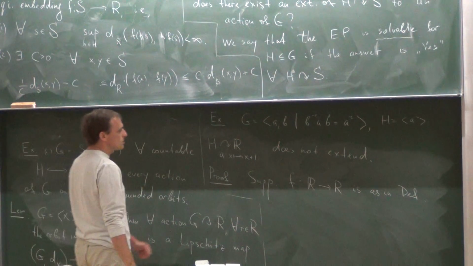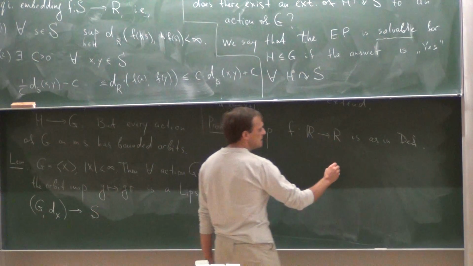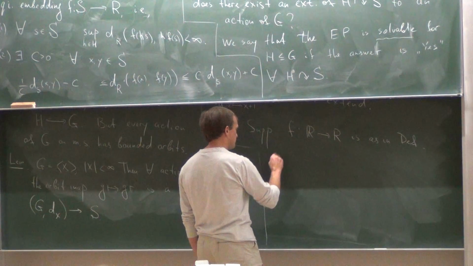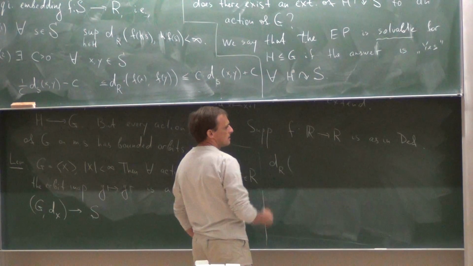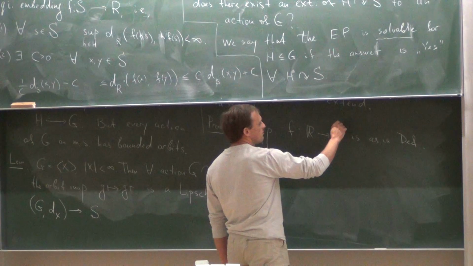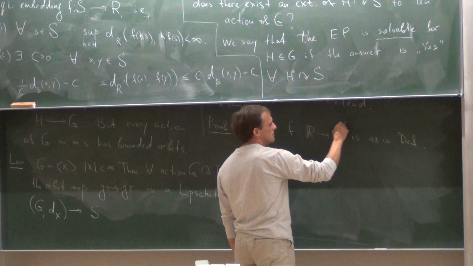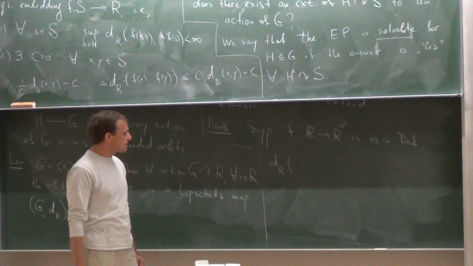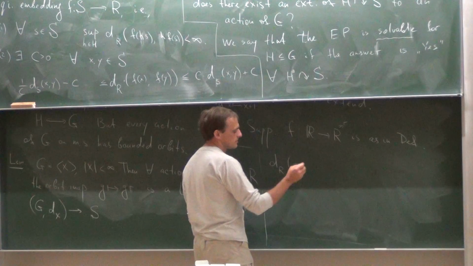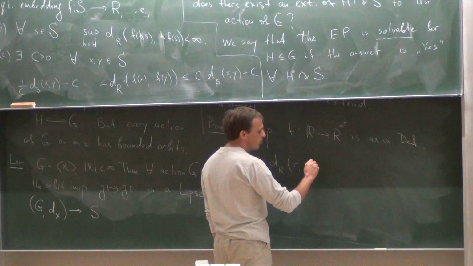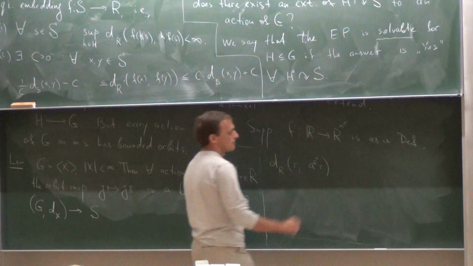Okay, so let's try to think about the distance in bold R. Let's take a little r in R, and think about the distance in bold R between the point r and the point a to the 2 to the n r.